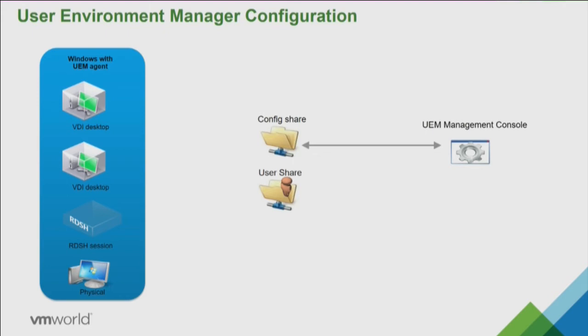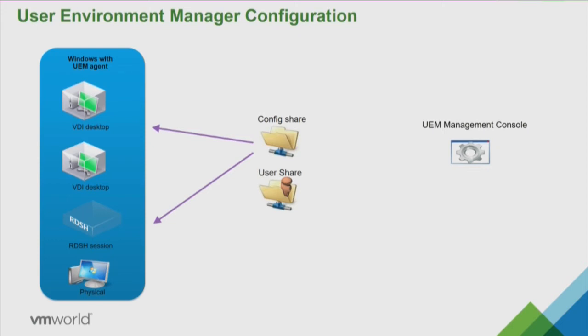All right. So with that management console, you configure the system, and then there's a couple of ways you can tell the clients where that configuration is. Up until, I believe, about version 9.1 of UEM, you used a group policy setting to push that configuration down to the clients. What the clients would do is that would tell them where to read their configuration.